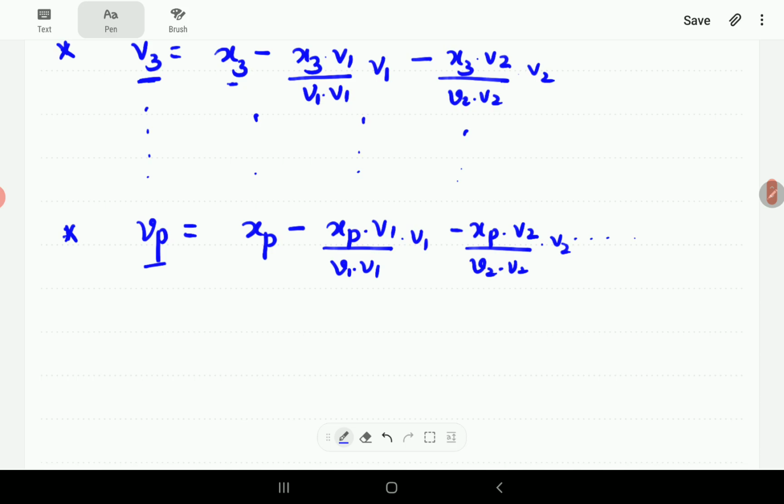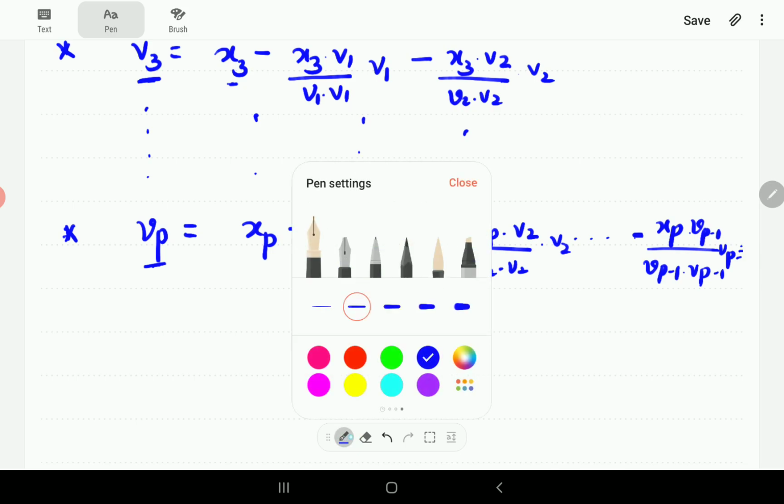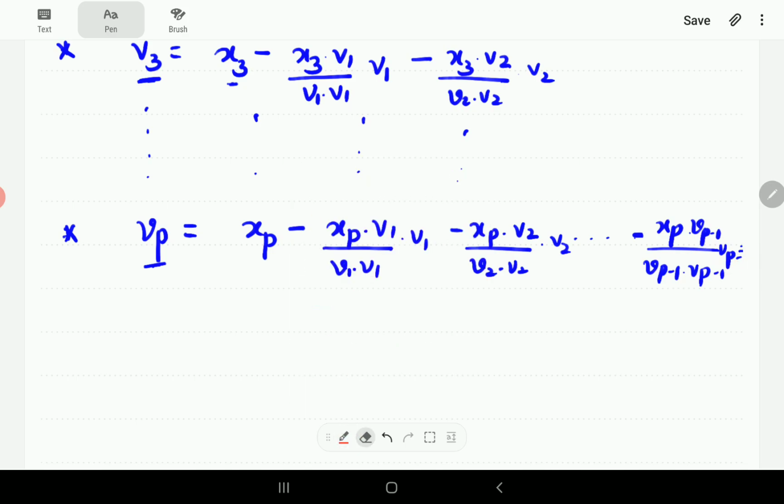So when I want vp, it should go up to minus (xp dot vp minus 1 upon vp minus 1 dot vp minus 1) into vp minus 1.